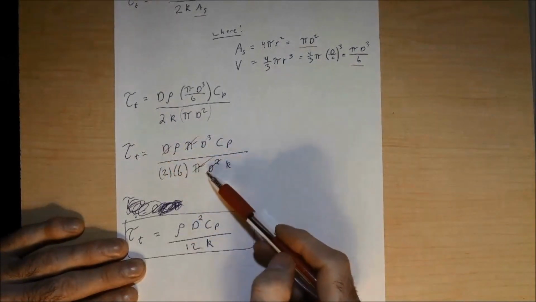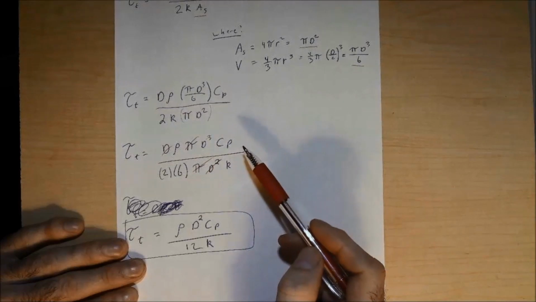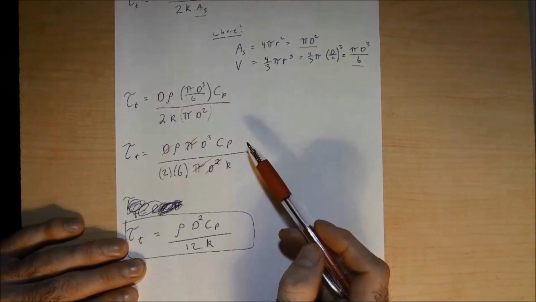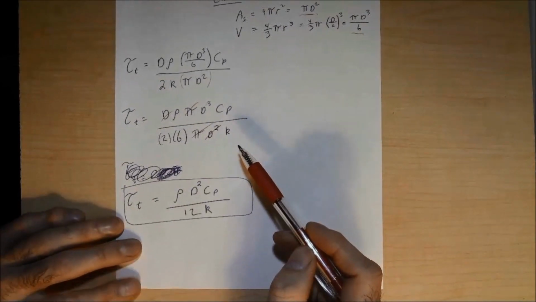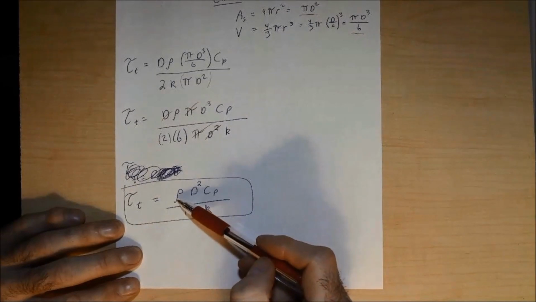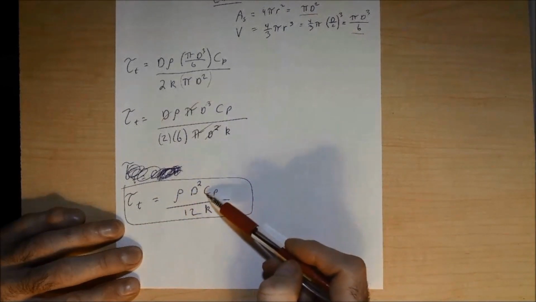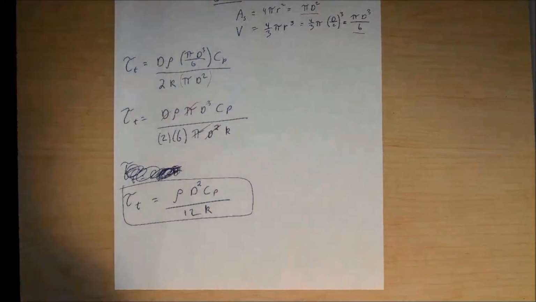So we have our d cancel with our d, our pi with our pi, squared, cubed. We're just left with a d on top now. So as we go through this, we can simplify it down one step further, and we end up with tau sub t equal to rho d squared c_p over 12k, once we've reduced and simplified everything down.